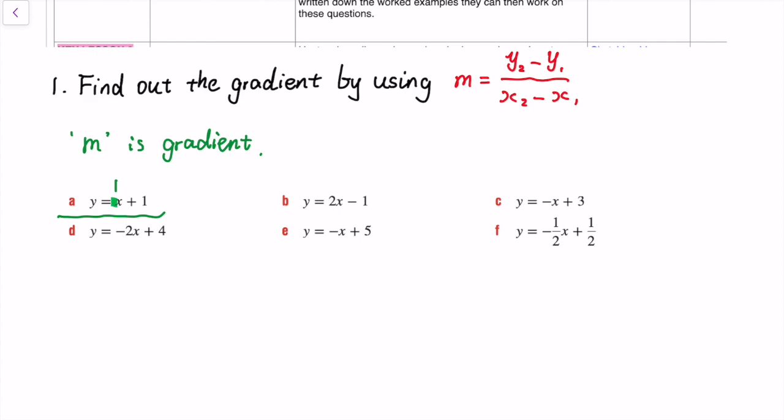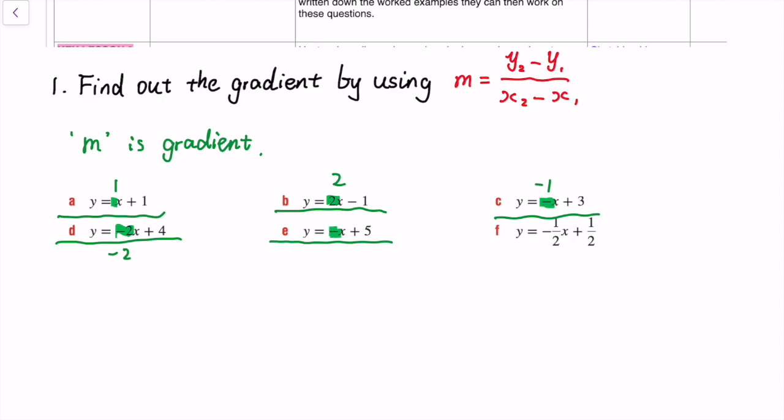Question B, the gradient is 2. Question C, the gradient is minus 1. Question D, the gradient is minus 2. Question E, the gradient is minus 1.